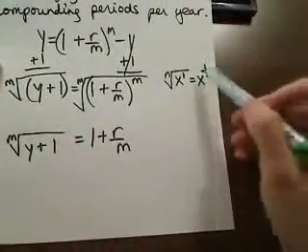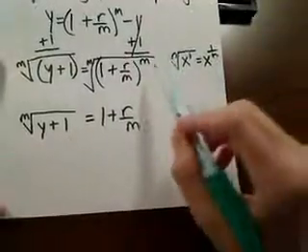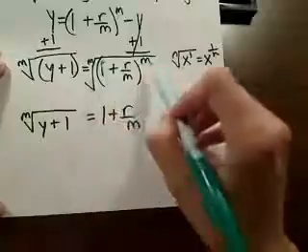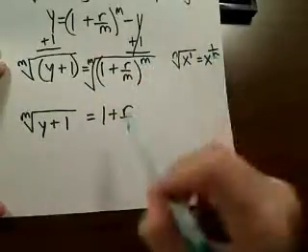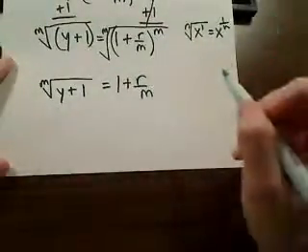Okay, so this ends up simplifying because we'd have the mth root of m, and this is 1 over m times m, so it just ends up going away there. Okay, just as a review of exponents.